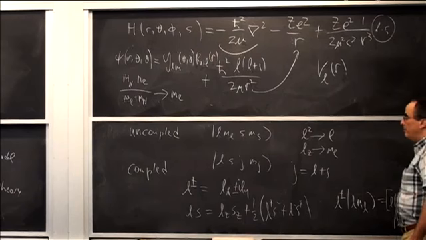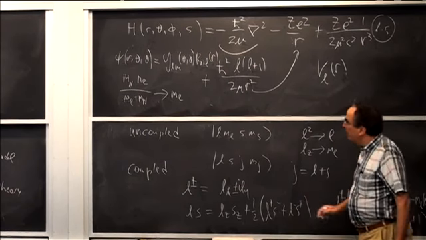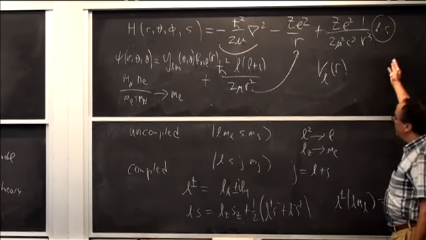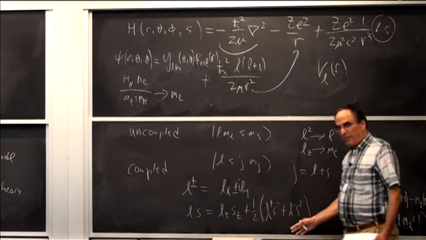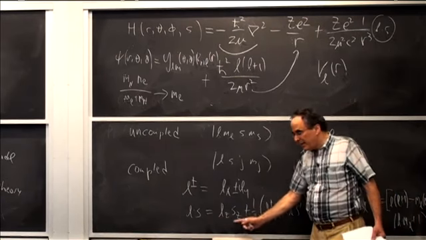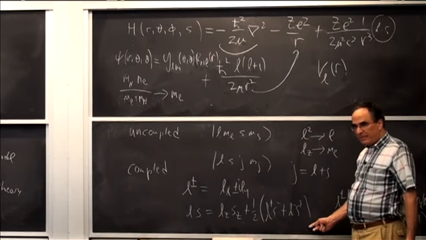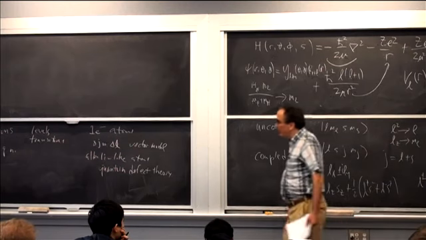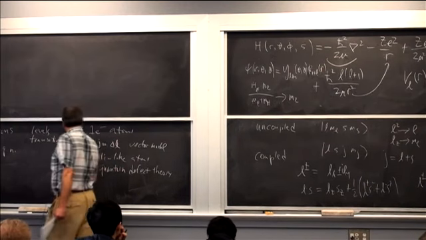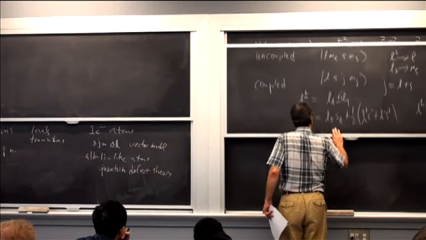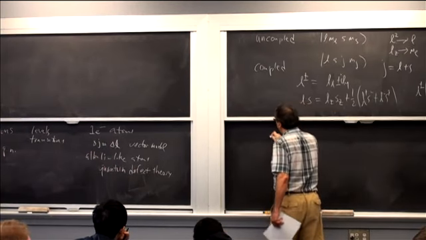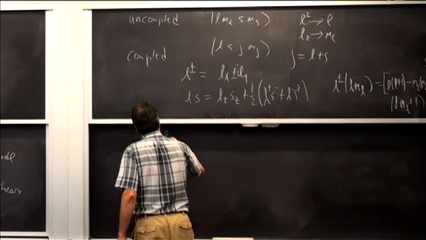Okay, and so we have L dot S, and so we can write L dot S two different ways. We can write L dot S this way, and we can also do a trick. And the trick, J is equal to L plus S.